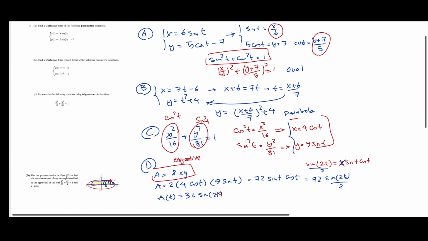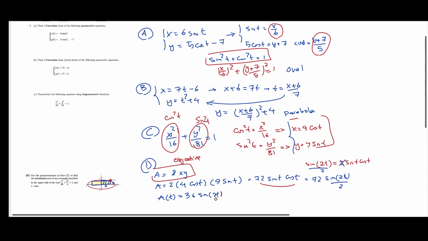And I couldn't figure out over here what the maximum is, because sine has a maximum of 1, cosine has a maximum of 1, but they don't have their maximum for the same value of t.